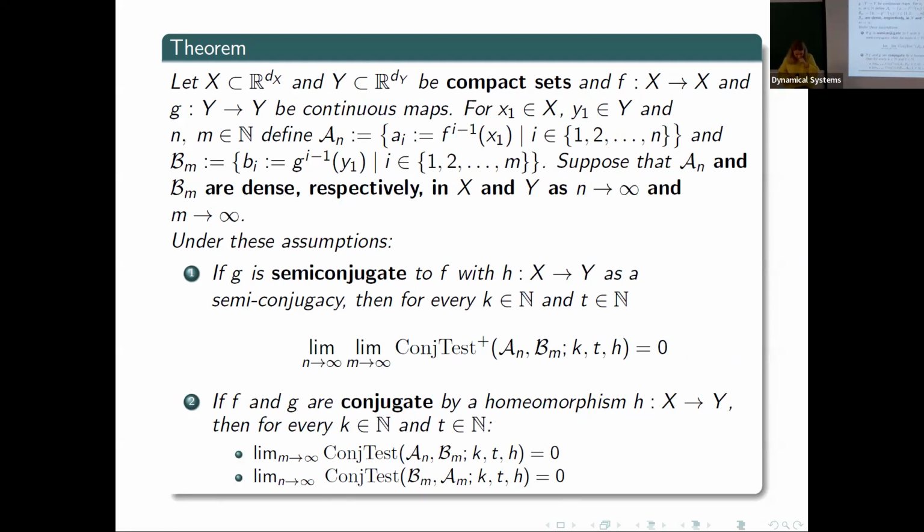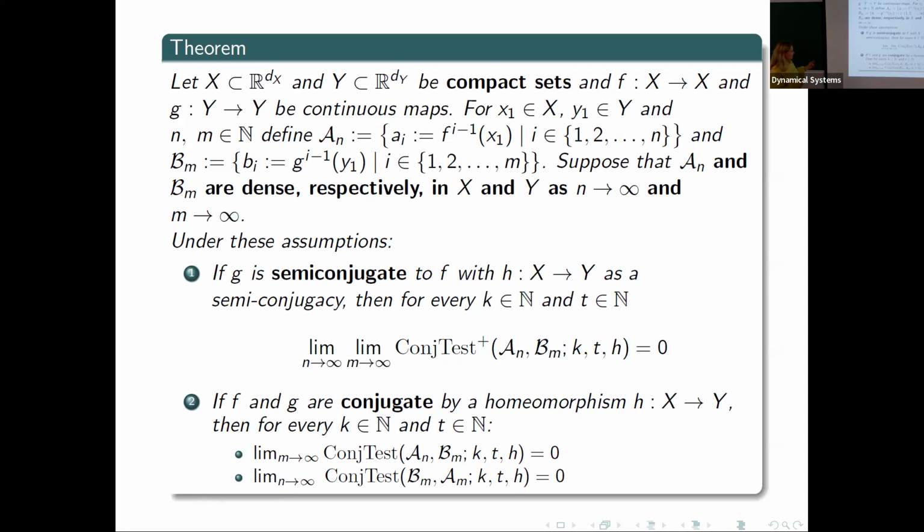So we may think, in some real setting, that in fact we sample some omega limit set of some trajectory, and our spaces X and Y are in fact omega limits of these trajectories. So then, of course, both these values go to 0 asymptotically.